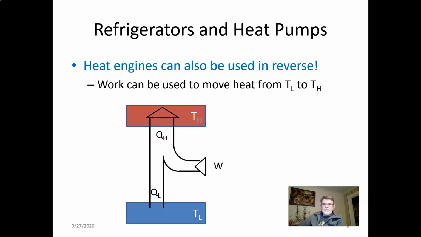So now, how does the heat pump differ from the power cycle? The natural tendency of heat is to go from high to low. So in order for that heat to go from low to high, we need to put some energy into it. So that's the direction of the arrow here showing energy input.